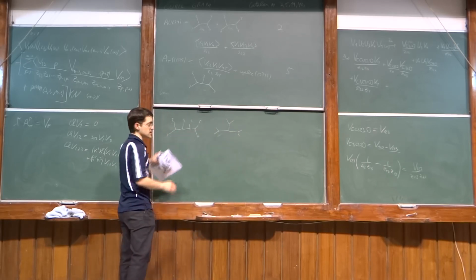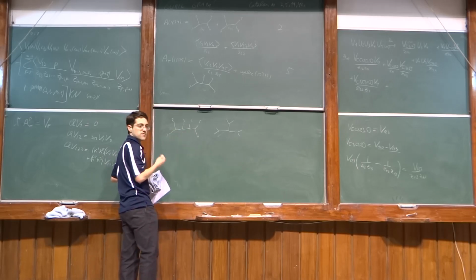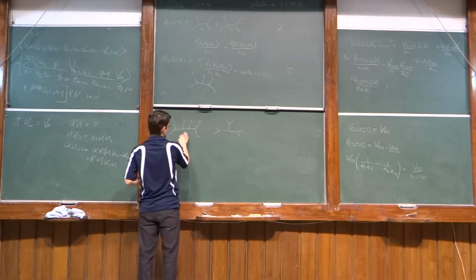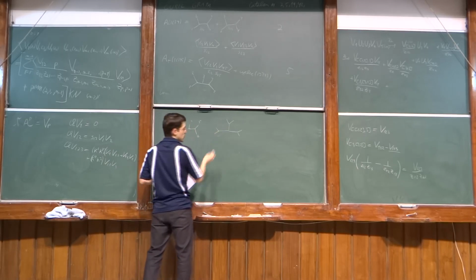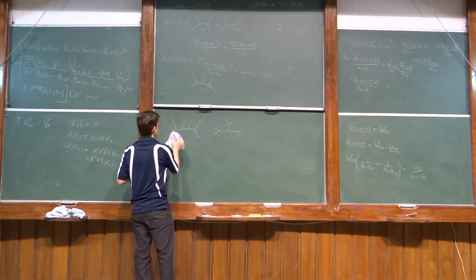These are the only topologies of diagrams, but the permutations will give you 14 different poles.